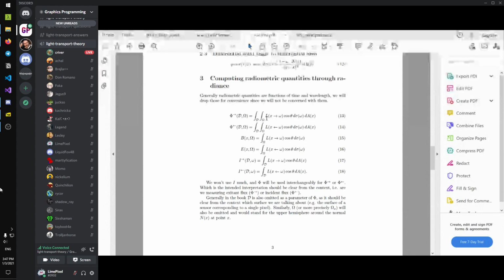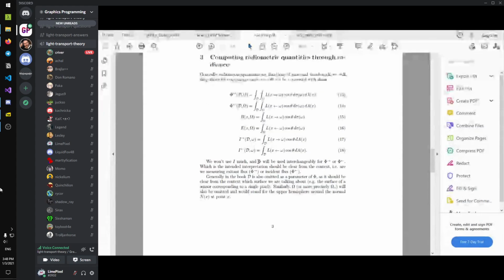You have two types of fluxes. So if you consider outgoing radiance or incident radiance, you have two types. In the book, they do not differentiate between those, and they just write phi. But from the context, it should be clear what they're talking about, whether it's excitant or incident flux.